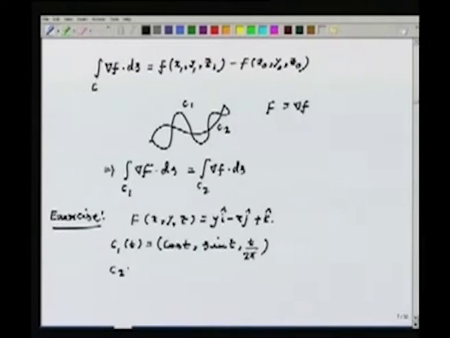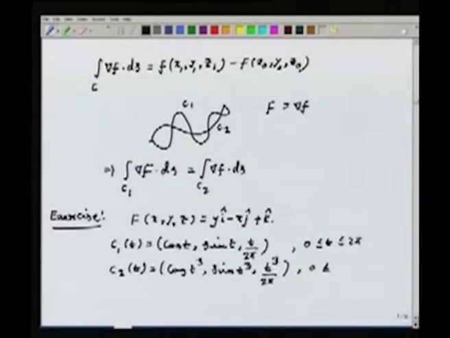Then I define C2 of t as cosine t cubed, sine t cubed, then t cubed by 2 pi, where 0 is less than or equal to t, less than or equal to the cube root of 2 pi.